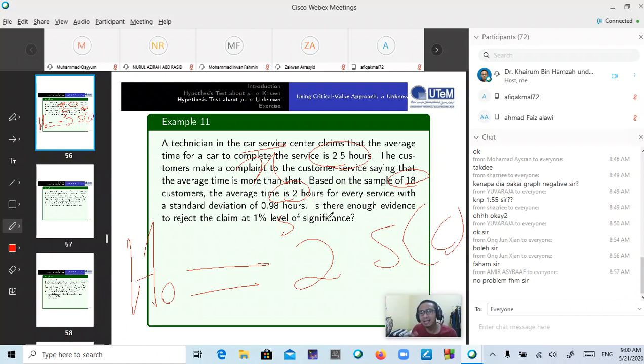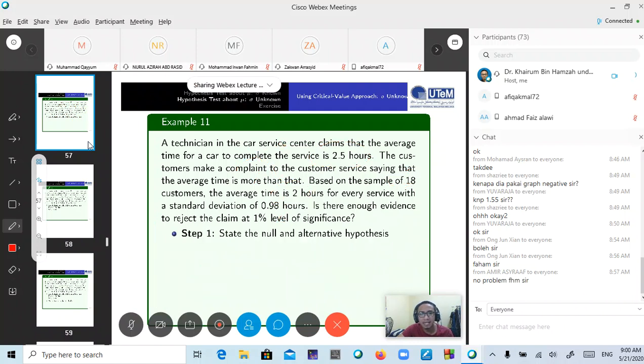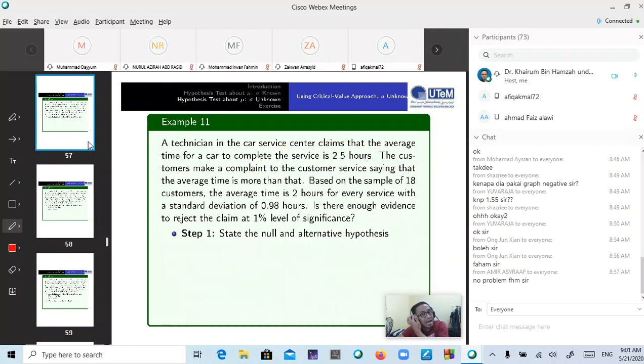Beza antara S dan T. Okay? Z dengan T. Boleh faham? Kenapa soalan ni kita guna T distribution? Sebab dia menerangkan pasal sample standard deviation. Okay? Macam mana nak identify sample population? Kita dah belajar on chapter 1. Ingat tu. Okay.